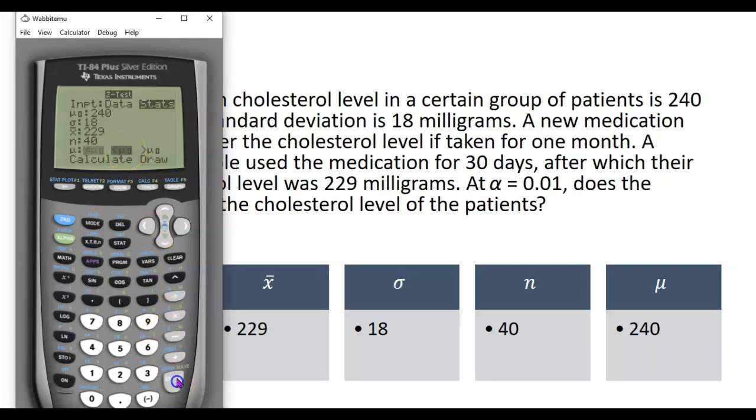So select that. And now go to calculate, hit enter, and it tells us that z equals negative 3.865. That's the test value. And then looking ahead to step 3, the p-value is 5.556 e negative 5. So again, scientific notation, it's this really small number, 0.00005556 and so on.